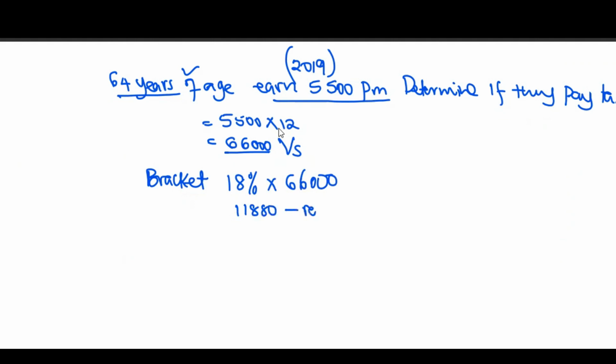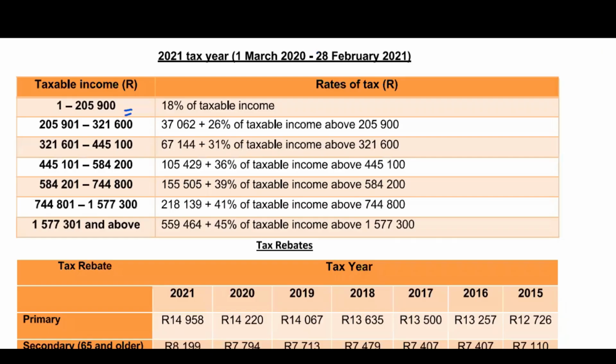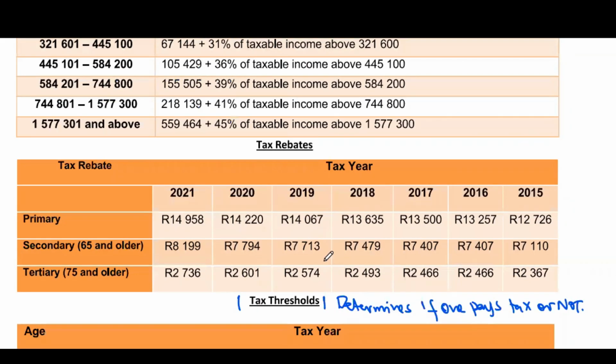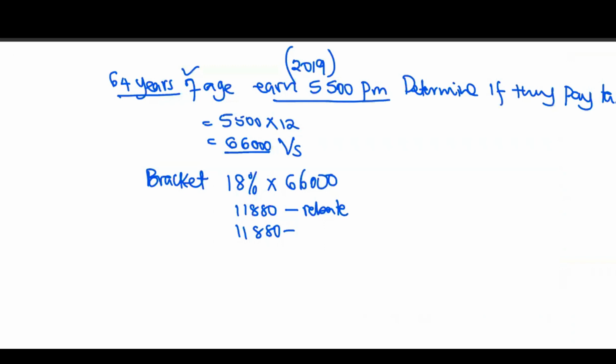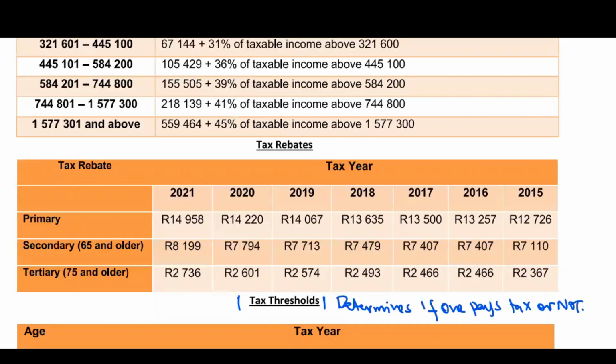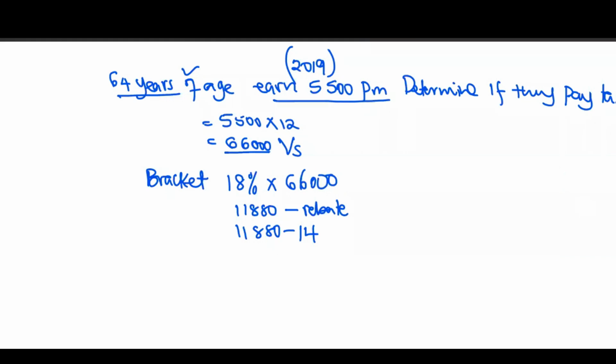Then we subtract the rebate. Remember, 64 years of age. The rebate is now here, 2019. The rebate is 14,069 rands.